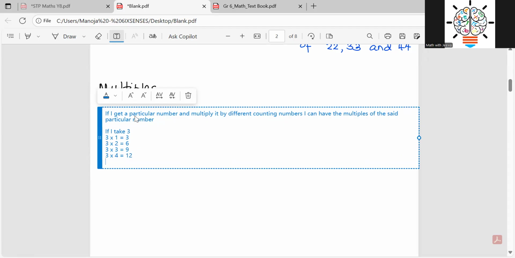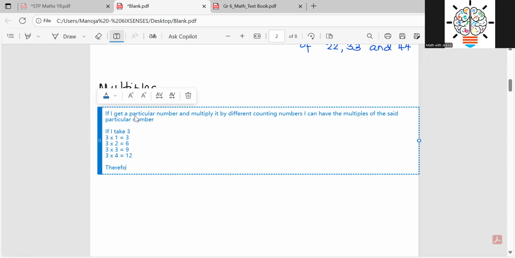So therefore, 3, 6, 9, 12 are some of the multiples of 3. Why I said some is because it is not ending, right?